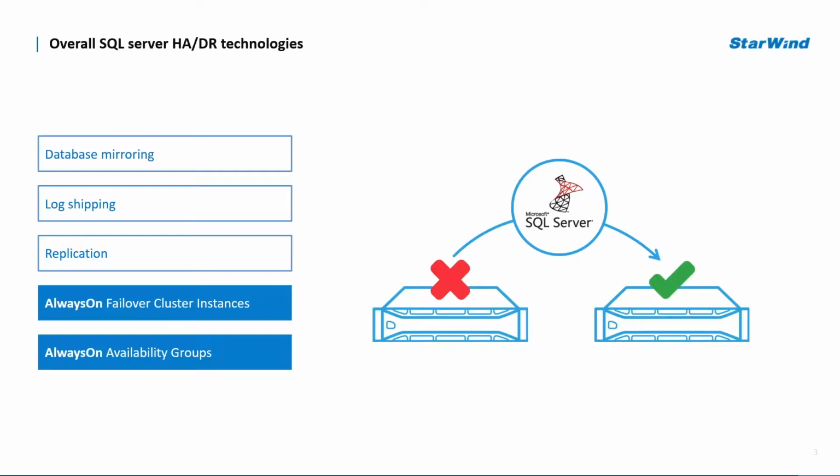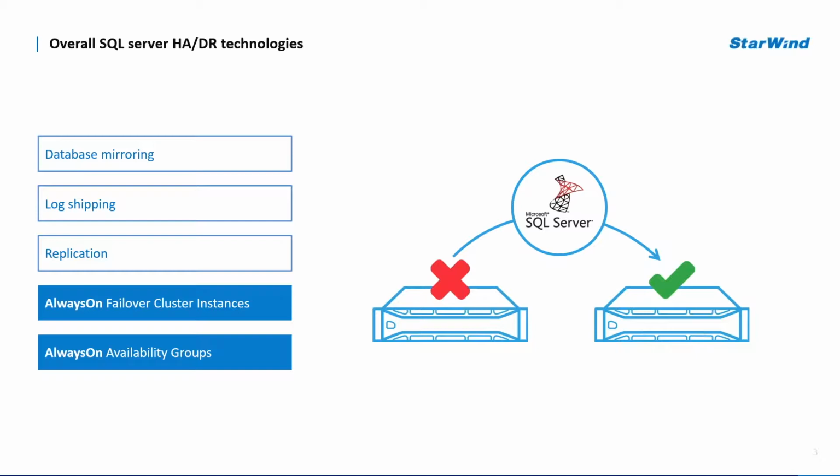All right, so now you should see on your screens all the well-known SQL Server HA and DR technologies, and we are going to start from the top. Database mirroring was first introduced in SQL Server 2005, and it is actually real-time log shipping.